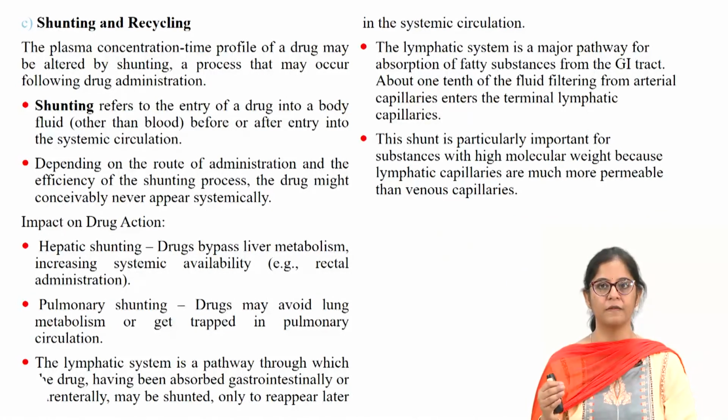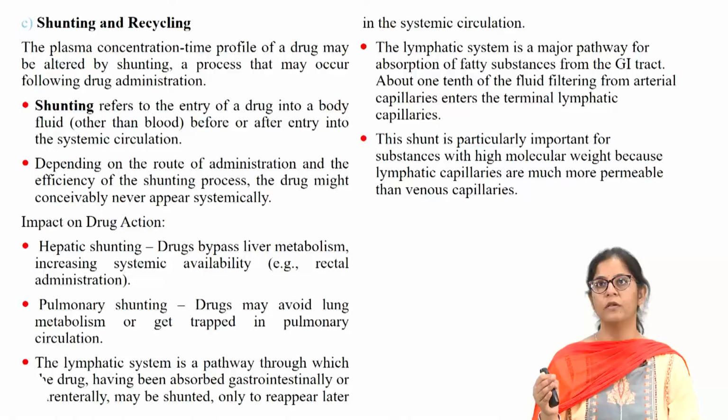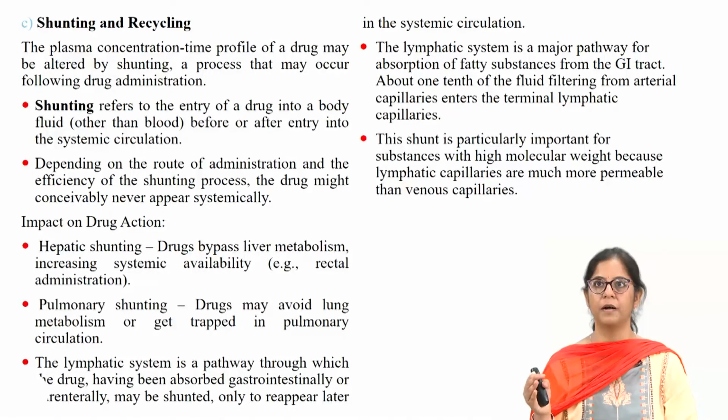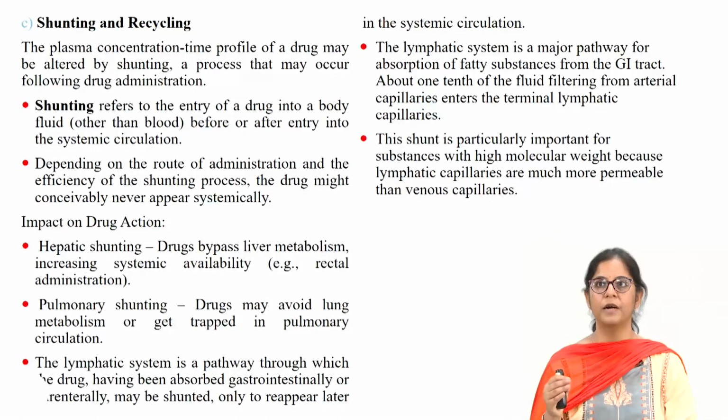The lymphatic system is a pathway through which the drug, having been absorbed gastrointestinally or parenterally, may be shunted only to reappear later in the systemic circulation. So, the lymphatic system is a major pathway for absorption of fatty substances from GI tract. About one-tenth of the fluid filtering from the arterial capillaries enters into terminal lymphatic capillaries.